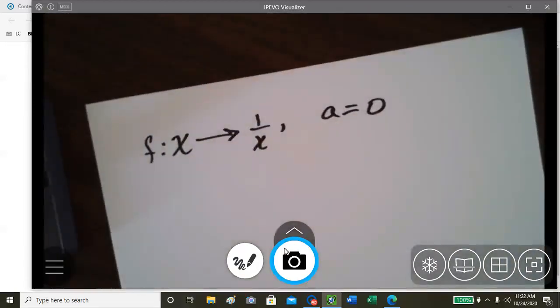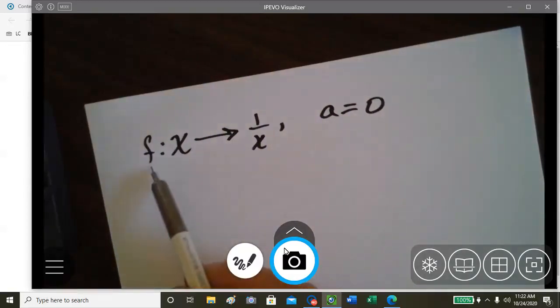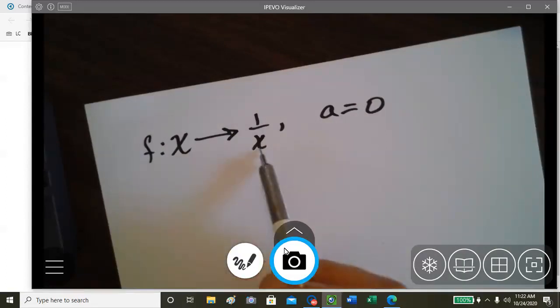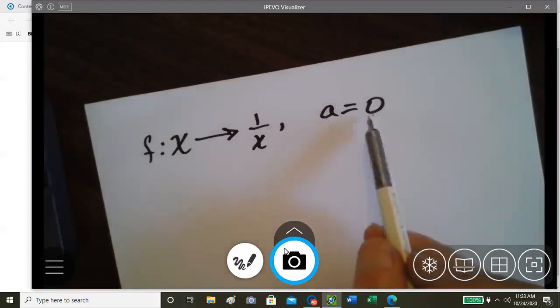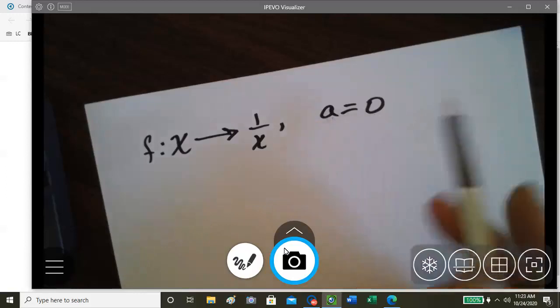So here we have a function that is similar to problems 3, 4, and 5, where the notation is a little different. We have the function f, where x tends towards 1 over x, and our limit is as a approaches 0.